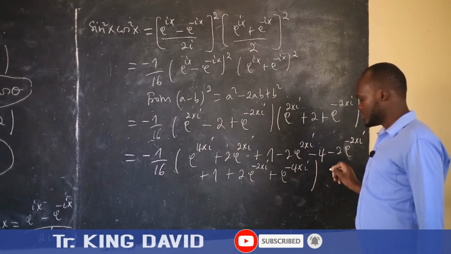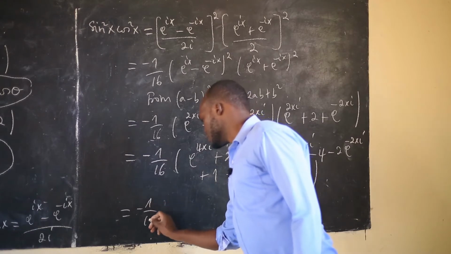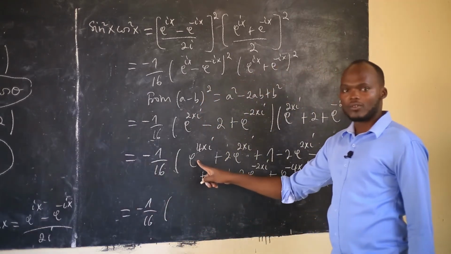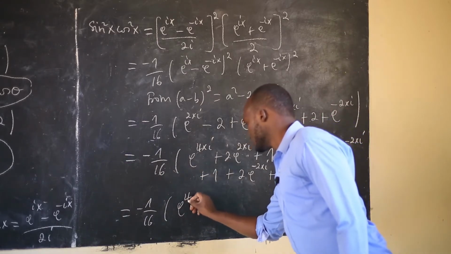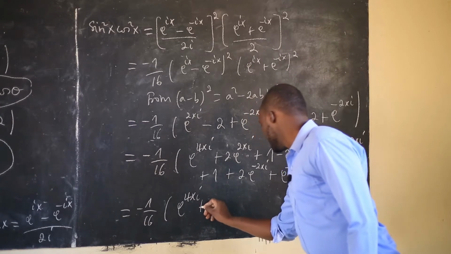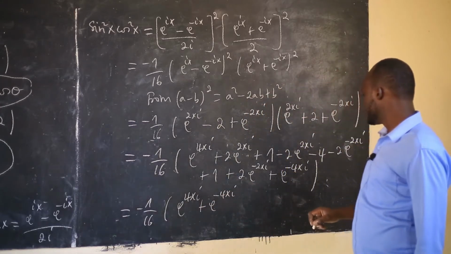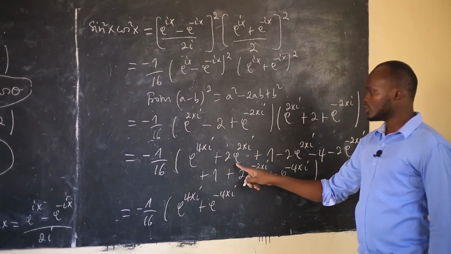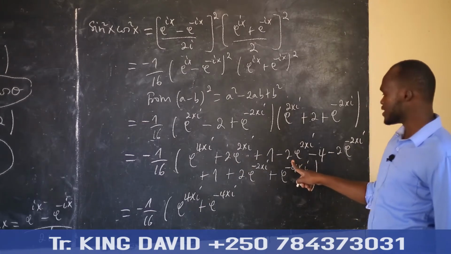We close the bracket. So the answer is negative 1 over 16 into bracket e power 4xi with e power negative 4xi, because they are related. Then 2 e power 2xi minus 2 e power 2xi, that is 0.